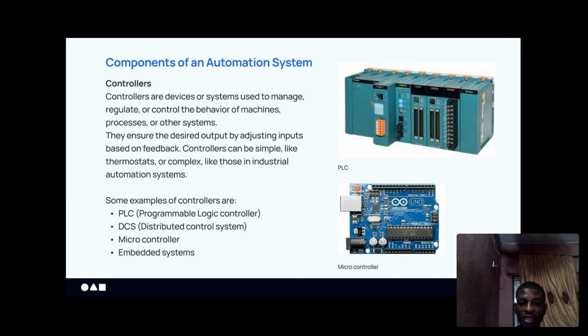You can manipulate your relays, your contactors, and your timers to perform the work that the controller should have performed. The controllers basically receive input from the sensors or some switches and give output based on the program that has been sent into them. So we have different types.